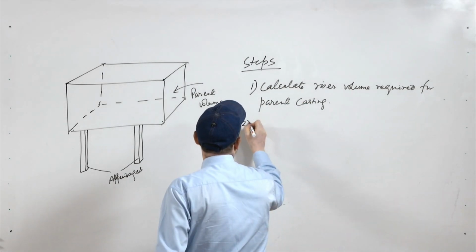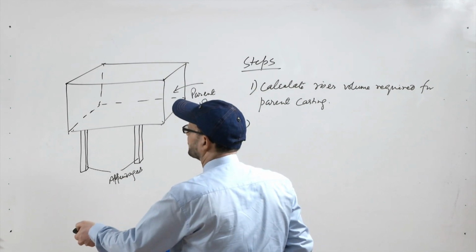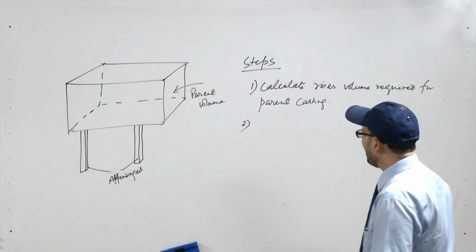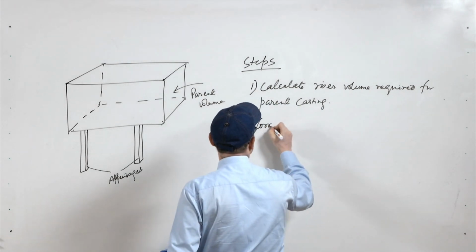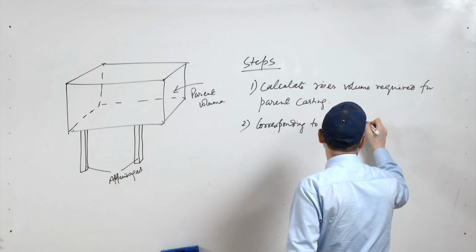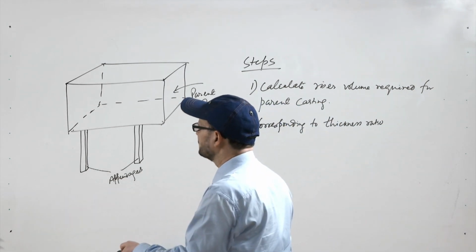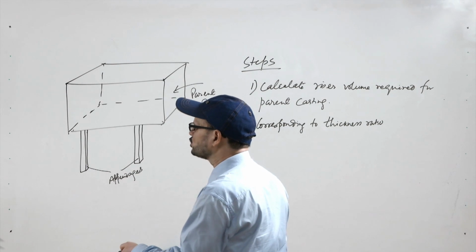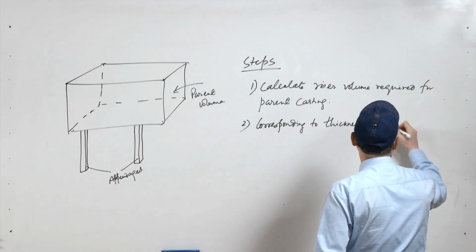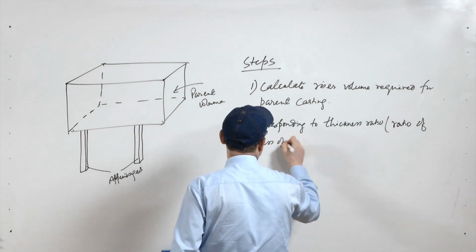Then you will see the ratio of the thickness of the parasitic volume to the thickness of the parent casting.